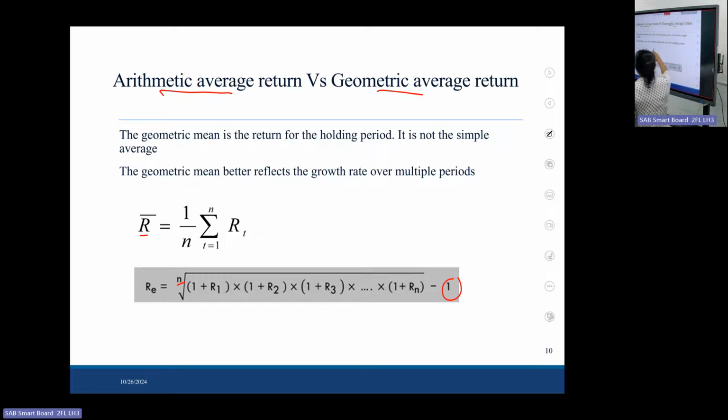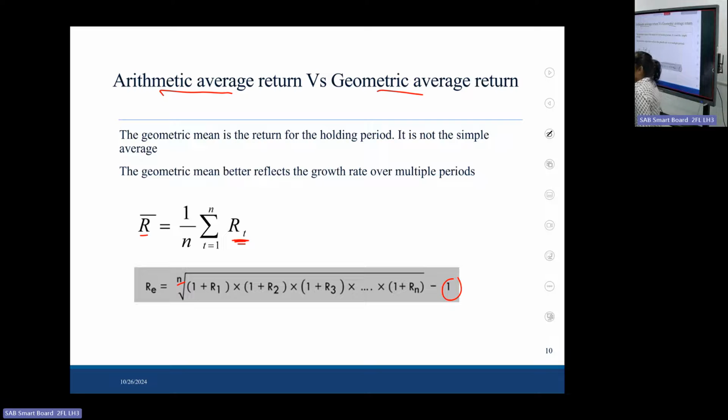Now you can see the difference between these two statistical calculations. When we calculate the normal average return, each observation is considered equally weighted. Also, in financial management there is a very strong assumption called the reinvestment assumption. What is the reinvestment assumption?